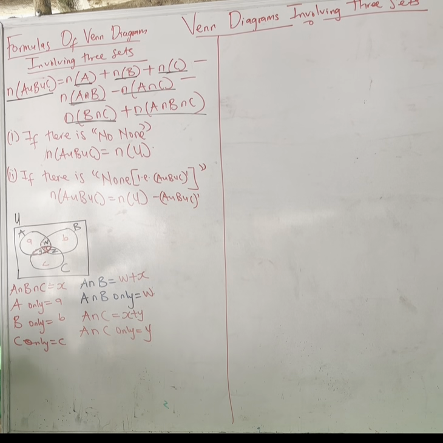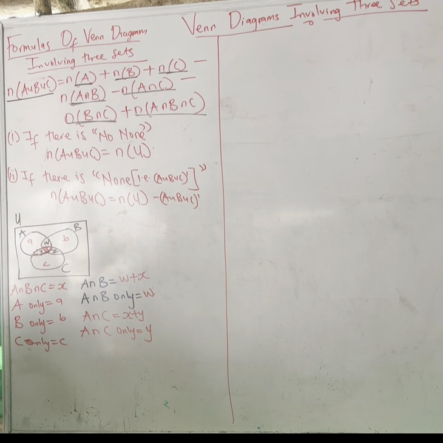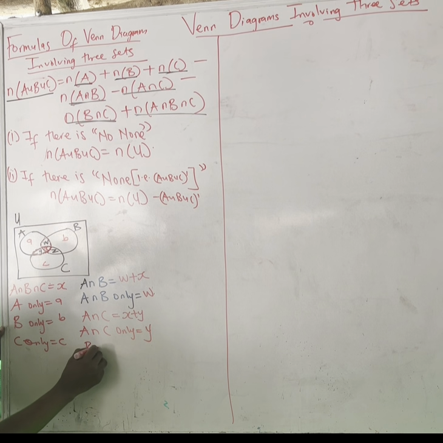So therefore, the next thing is B and C. You will also see we can have B intersection C, and we can also have B intersection C only.